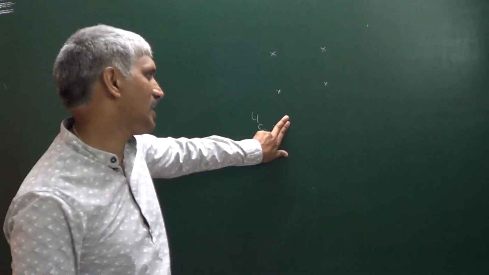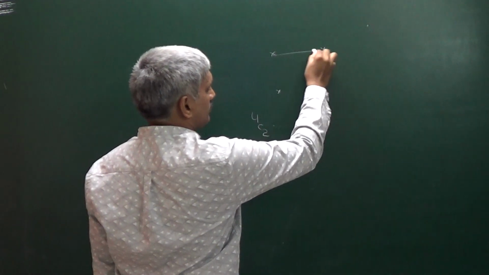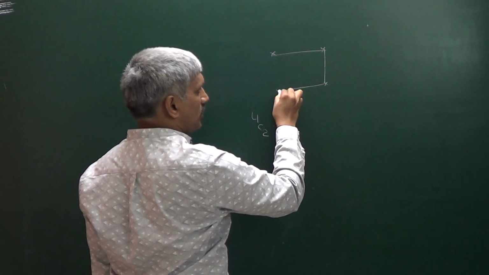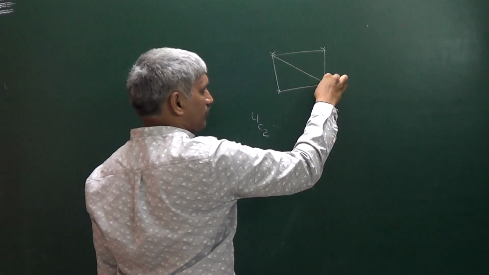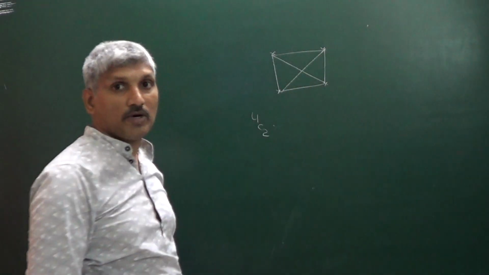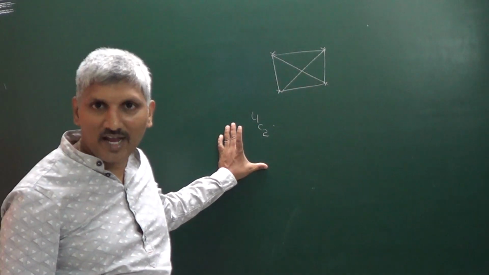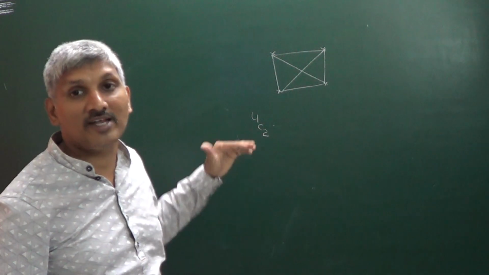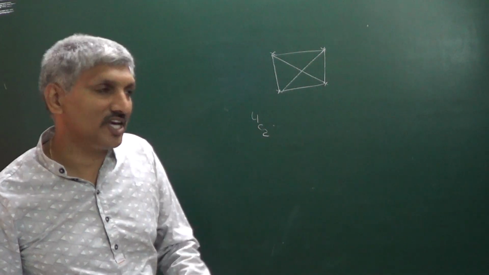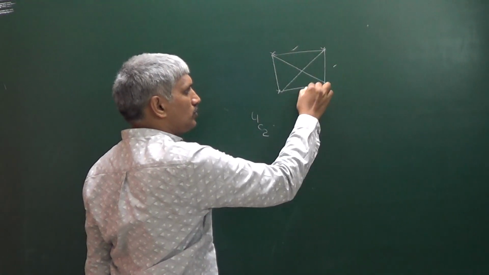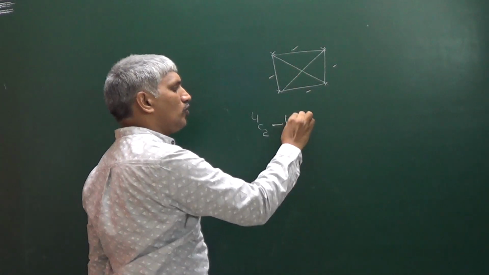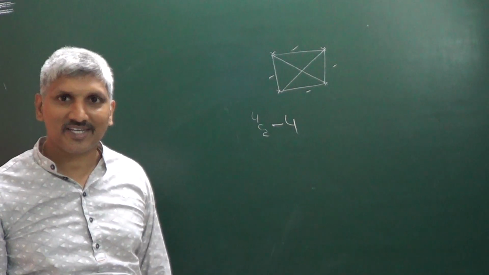What are those 6 lines? Observe, this is 1 line, 2nd line, 3rd line, 4th line, 5th line, 6th line. But total we are getting 4C2 lines. Out of these 4C2 lines, how many sides are there? 1, 2, 3, 4. Remove those 4 sides. The remaining are diagonals or not?